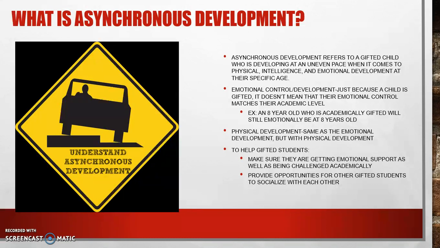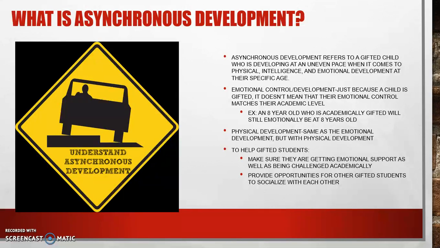So realize where they are age-wise and what they are developmentally going through at that stage in their life, and help gifted students through their asynchronous development, which I'll go over more on the next slide.